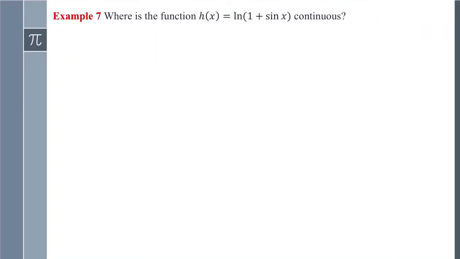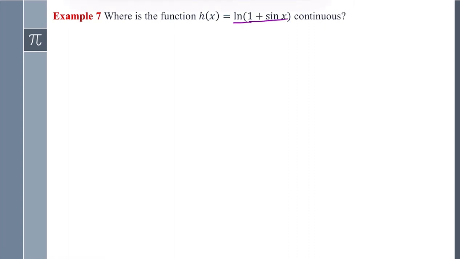Now this says, where is the function h of x equals natural log of 1 plus sine x continuous? So the first thing, sine is a continuous function. It's continuous everywhere in its domain. Natural log of x is also continuous everywhere in its domain. So both of these functions are continuous. But what is the domain of natural log of x?